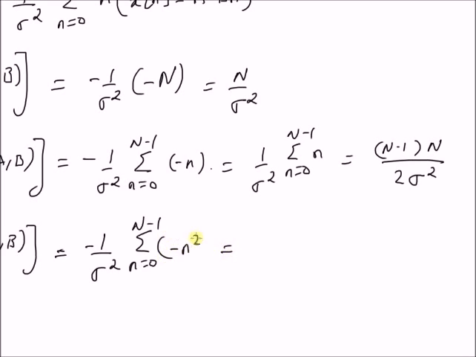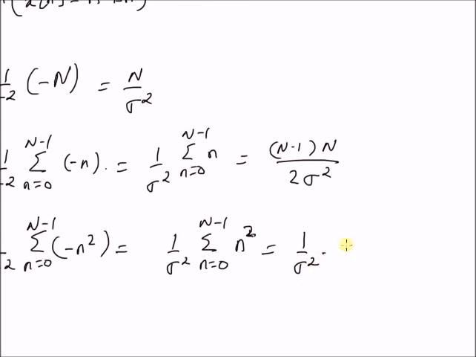So this is equal to 1 by sigma square, the summation from n equal to 0 to n minus 1 of n square. That is the sum of the squares of the first n minus 1 natural numbers, which is equal to 1 by sigma square into (n minus 1) into (2n minus 1) divided by 6.